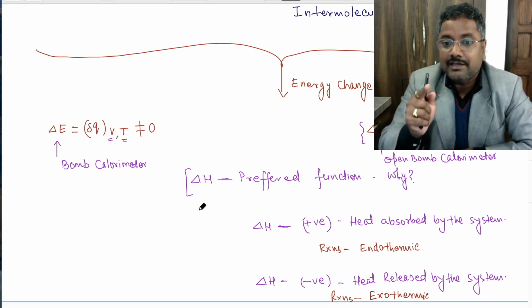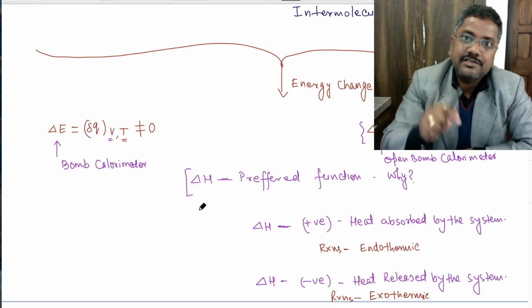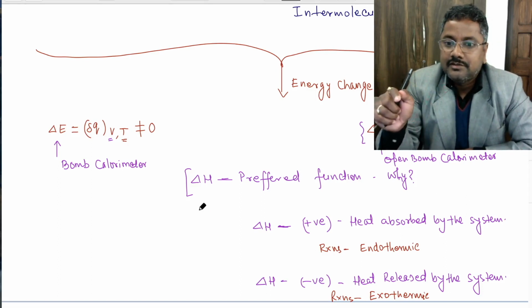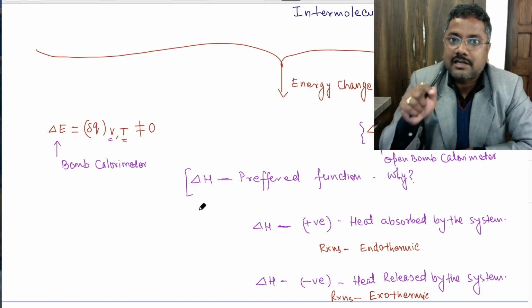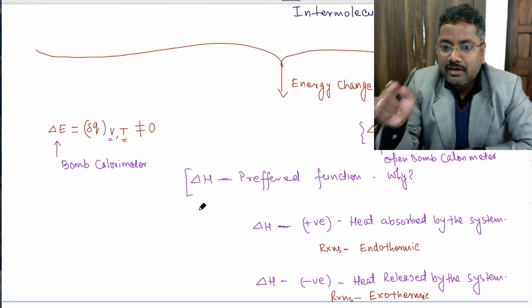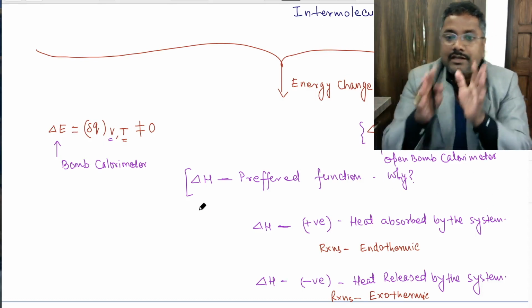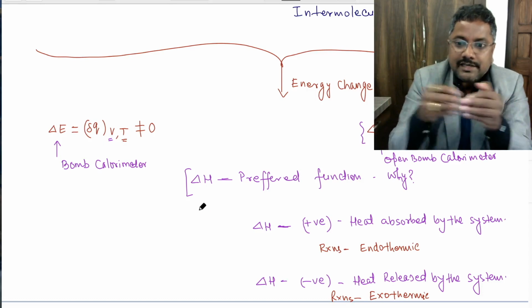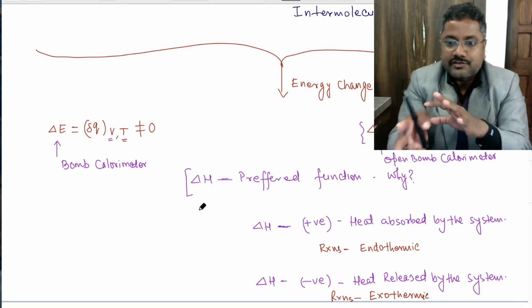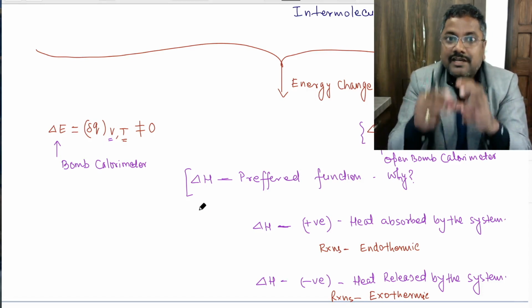So basically, we try to find out how much energy is changing during chemical reactions. And what is a chemical reaction? Chemical reactions are defined as the process in which old bonds are broken and new bonds are formed. So in a chemical reaction, due to this association and dissociation, energy is changing.